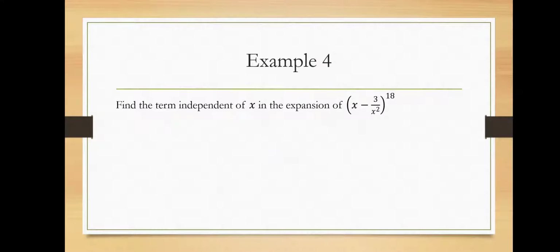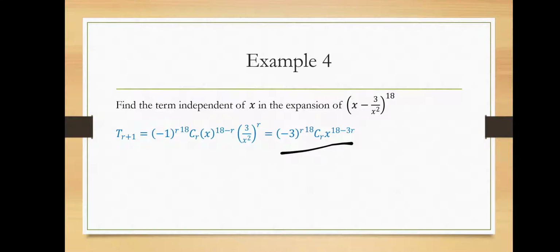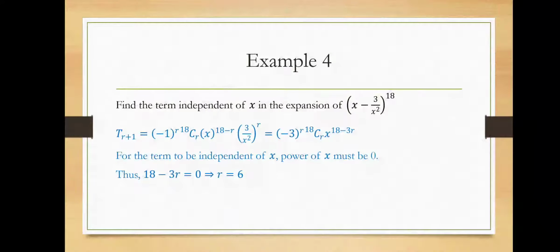So let's do it. To begin with, this is the general term and this is the condensed form of the general term, meaning clubbing all the powers together. Now all I need to do is equate the power to 0. So that is 18 minus 3r equals 0, and that gives me r equals 6. So therefore the seventh term, r plus 1, in the expansion is independent of x.